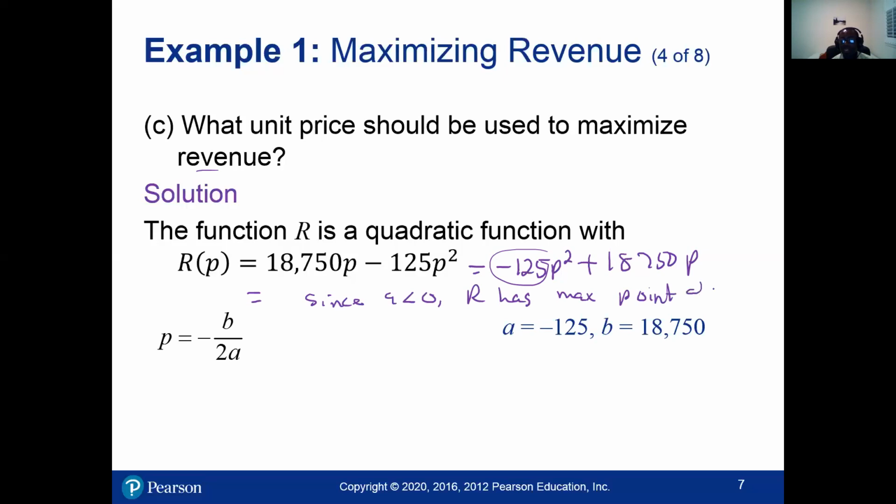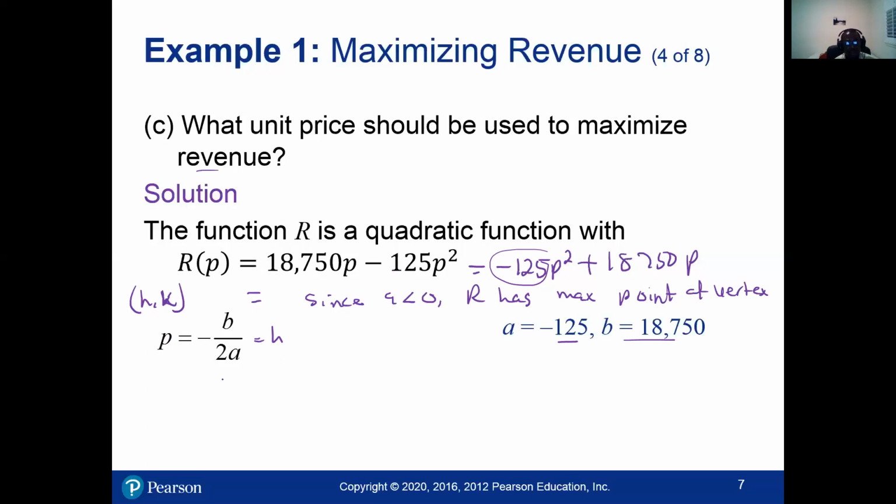at the vertex. Now the vertex, remember, has H and K, from section 3.3. The function is in terms of P, so P is your X, this is your H, where A is equal to negative 125 and B is equal to 18,750. Let's evaluate that.